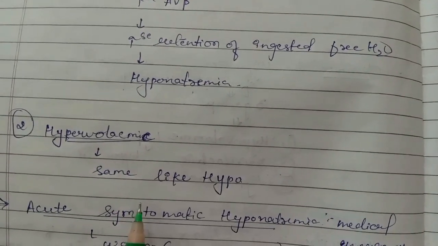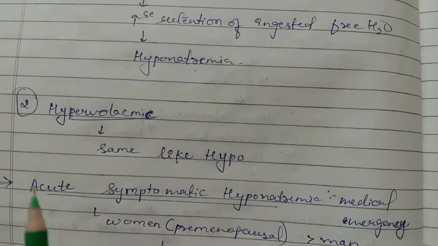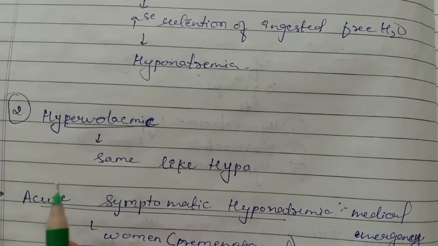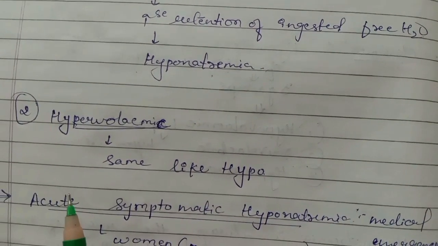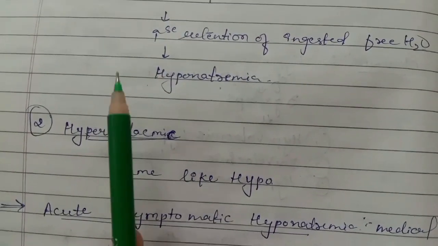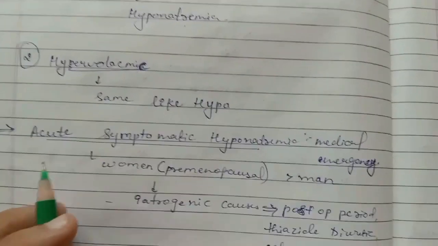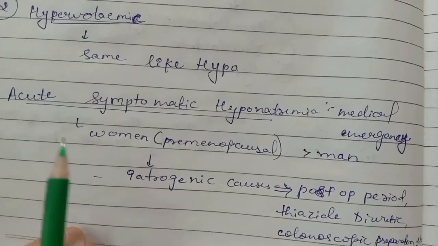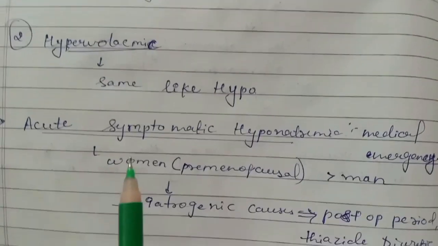Hypervolemic pathophysiology is similar to hypovolemic. Then in euvolemic, as I said, there is SIADH. Now there is also one more type, acute symptomatic hyponatremia, apart from the three groups that I discussed.